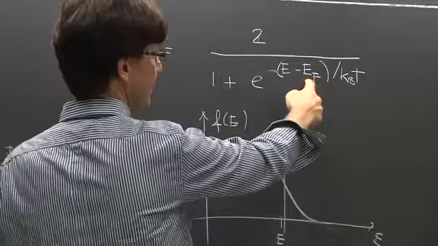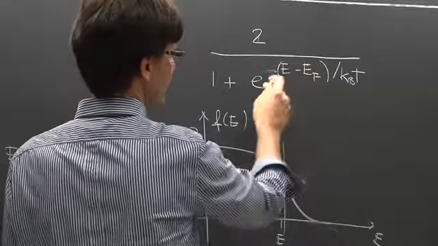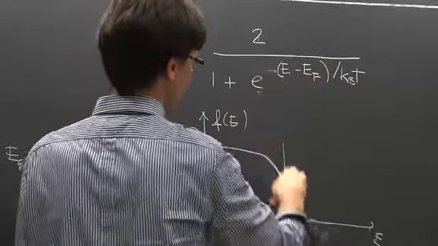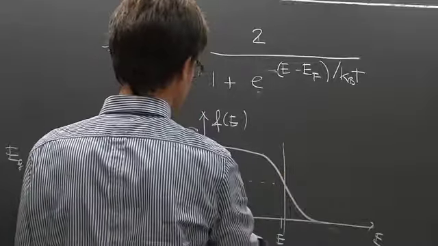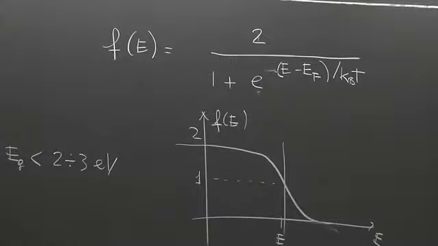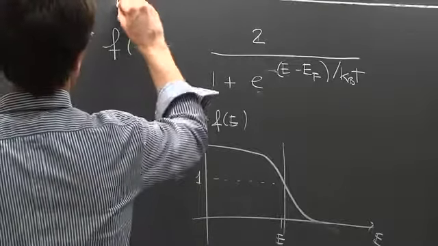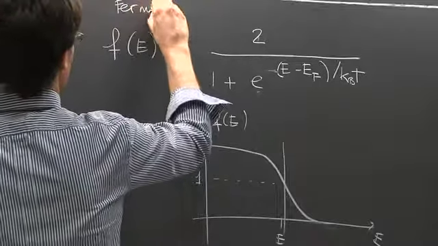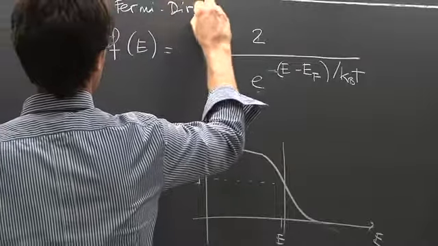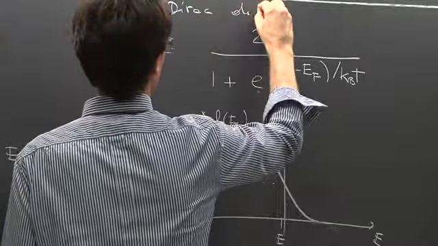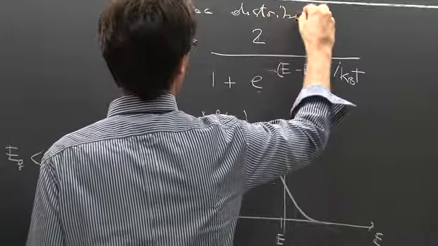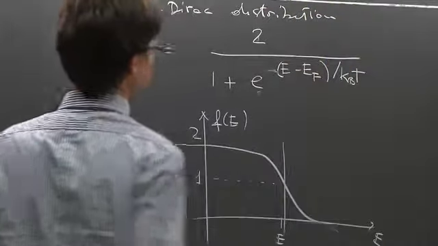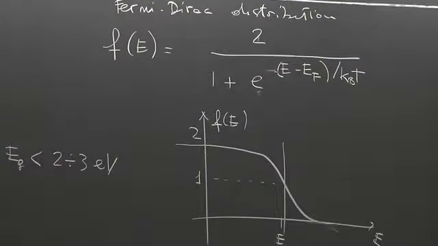And exactly at EF, the exponent is 0, the exponential is 1, so the function has a value which is exactly 1. Okay, so that's the Fermi-Dirac distribution. I'm sure you have seen this already, and we already discussed it also very briefly.